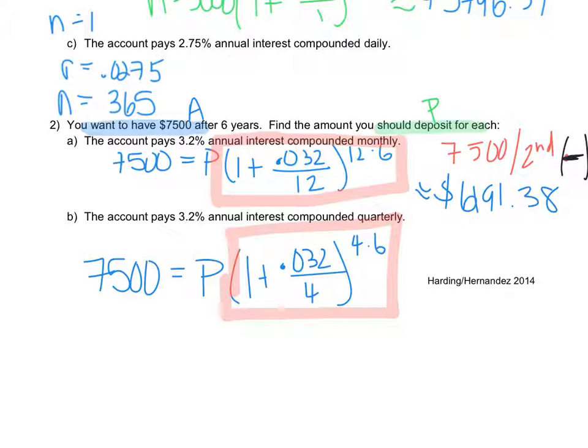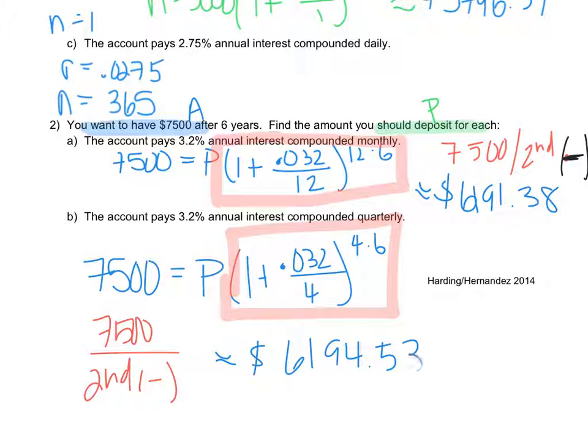And then do 7,500 divided by second negative sign. And this time you should get approximately $6,194.53. Okay, so just make sure you go through and get these values in your calculator if you didn't have a chance to do that while I was going over the lesson.